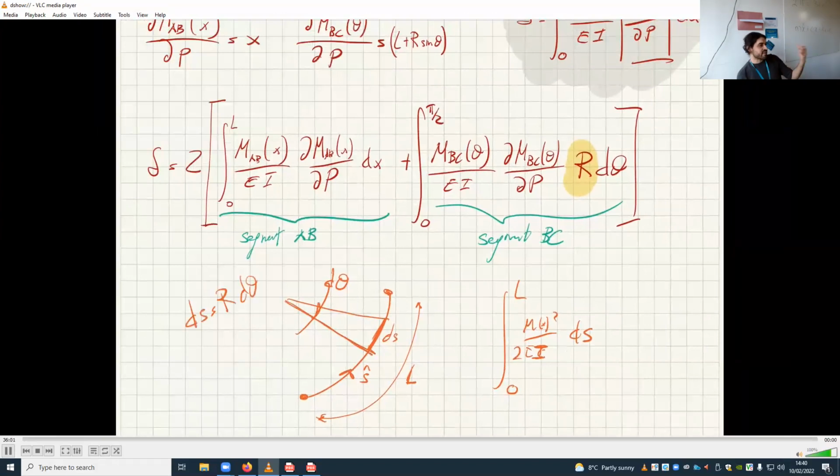So every time you have to integrate in ds, you can integrate in r d theta. Theta is easy because it goes from 0 to L. You just have to change ds into r d theta and the extremes of integration to 0 to 78 degrees. Not in degrees, of course. You have to multiply by pi divided by 180 because you want it in radians. That's it.